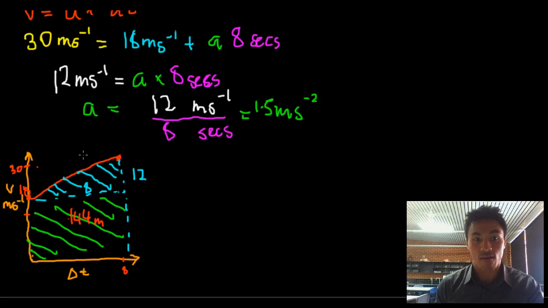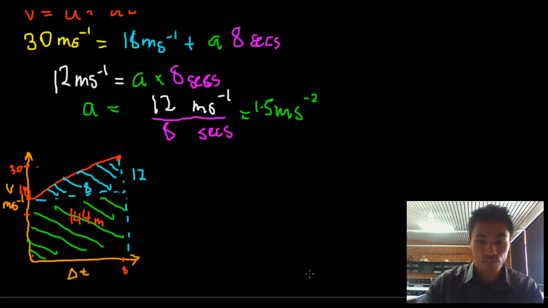But our velocity changed during that time. So let's have a look at the area of this triangle. To find out the area of our triangle, it is half our base multiplied by our height. So half of 8 is 4. 4 times 12 is 48, I believe.